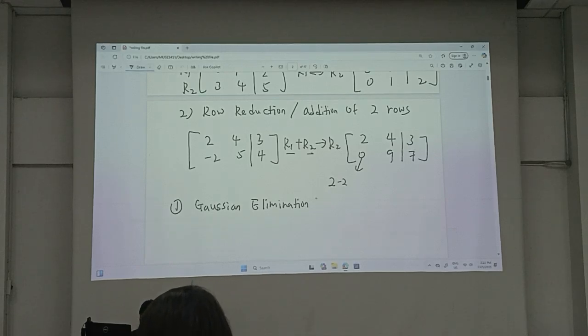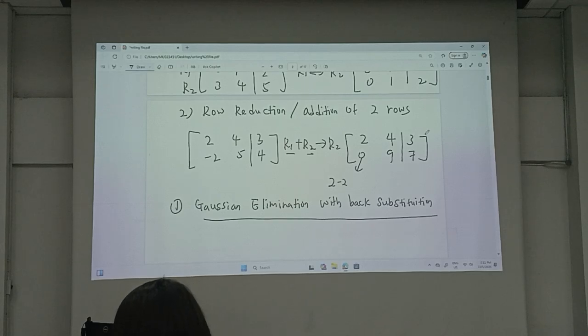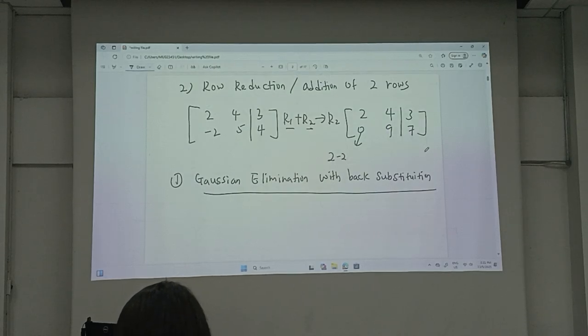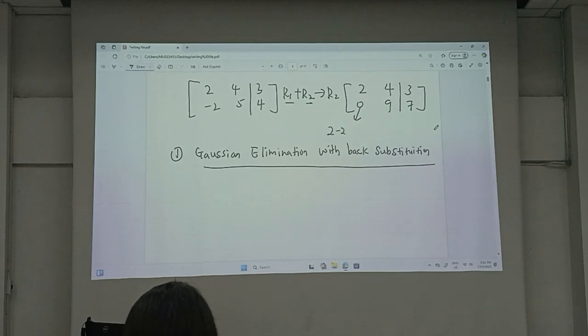Okay, so for Gaussian elimination, you need to pair with back substitutions. So let's go through Gaussian elimination.